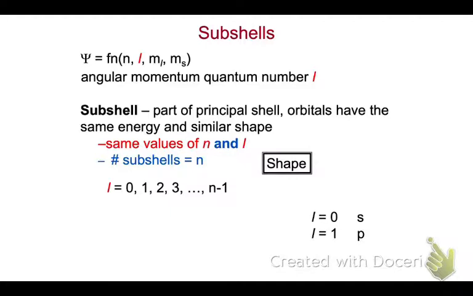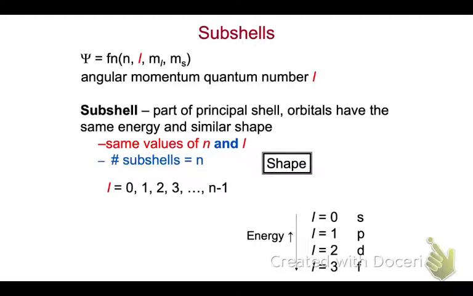When L is 1, that's the orbital we call p. When L equals 2, that is the orbital we call d. And when L equals 3, that's the orbital we call f. Every value corresponds to an orbital with a certain shape, because L describes the shape of the orbital. When L equals 0, that's s, and s is a sphere. When it's 1, it's a p, which has 2 lobes, and so on.